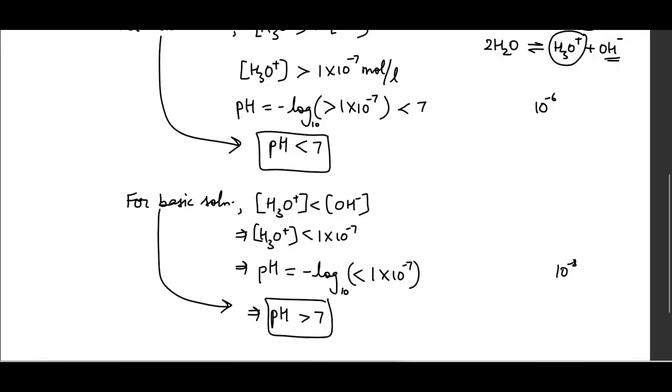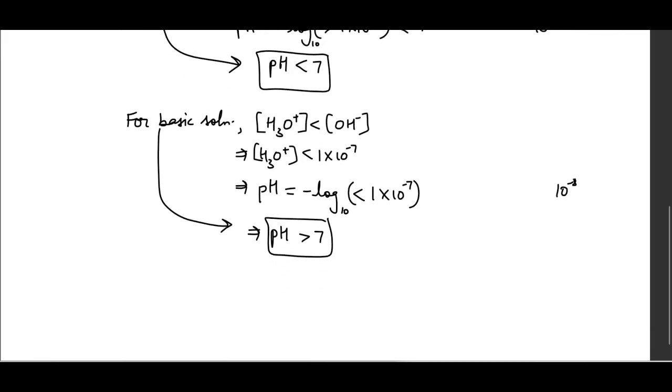Now, just like equilibrium constant K, we have Ka for acids, ionization constant, Kb for base, and Kw for water. That's what we learned in the previous video, right? So similarly to pH value, we also have pOH. So whenever pOH is mentioned, simply understand it is minus log of concentration of OH minus ions instead of H plus. Similarly, if it's mentioned pKa, Ka is the ionization constant for acid, right?